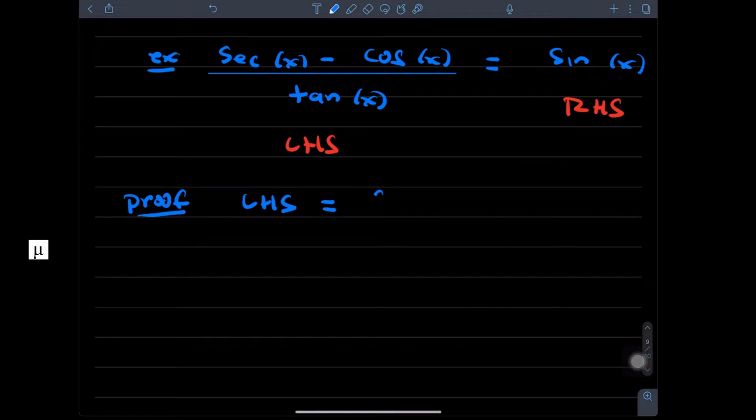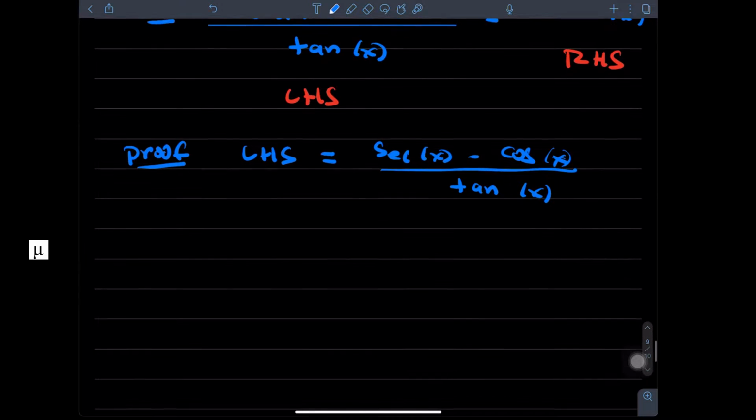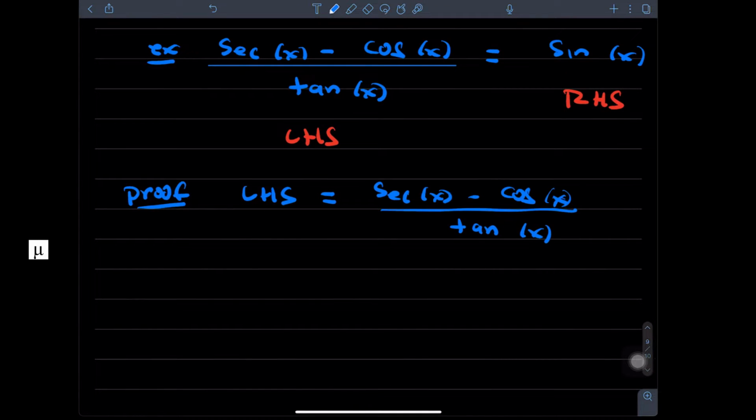The left-hand side equals secant minus cosine over tangent. Okay, you guys okay with that?